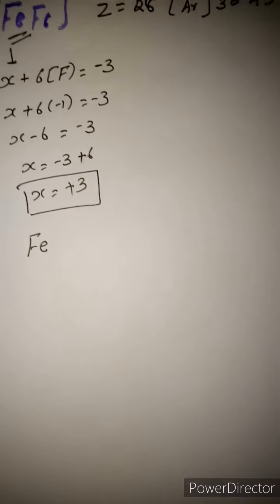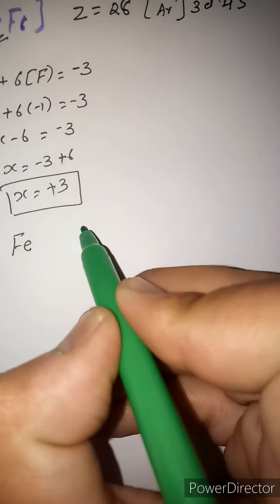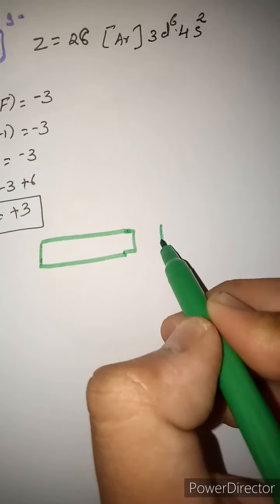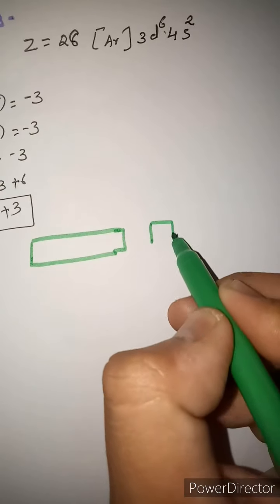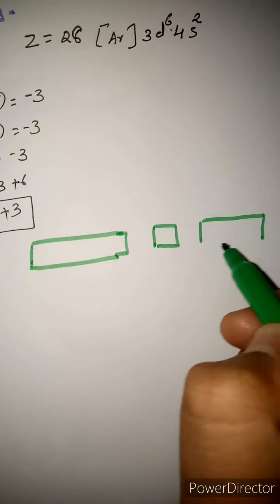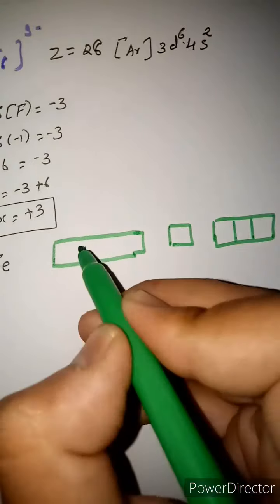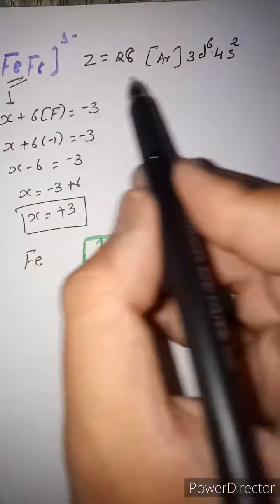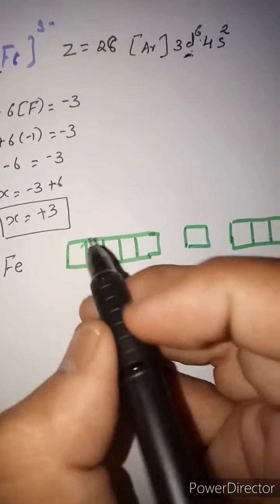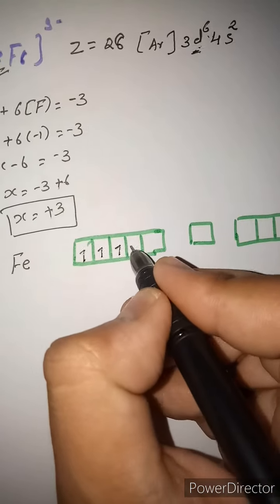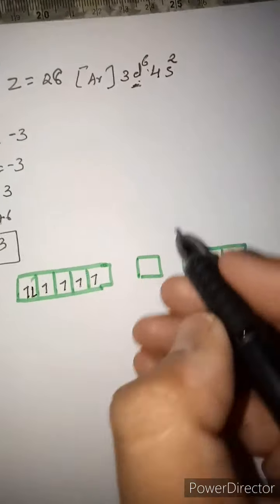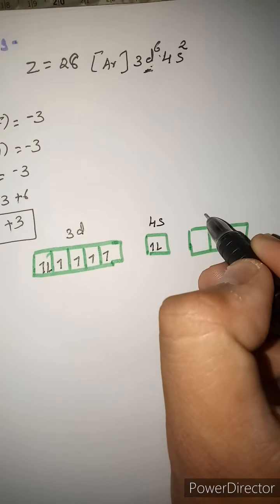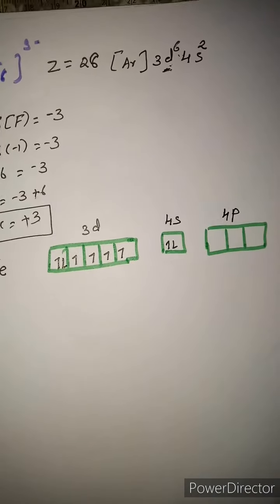Let us place the values here for the blocks part. 1, 2, 3, 4. Now replace the electrons here: 6 electrons in 3d, you can see 1, 2, 3, 4, 5, 6, and 2 electrons in the 4s. So this is 3d, this is 4s, and this is 4p.